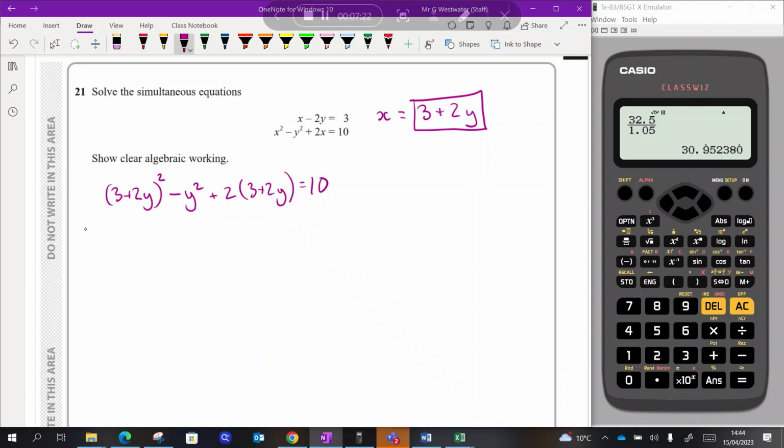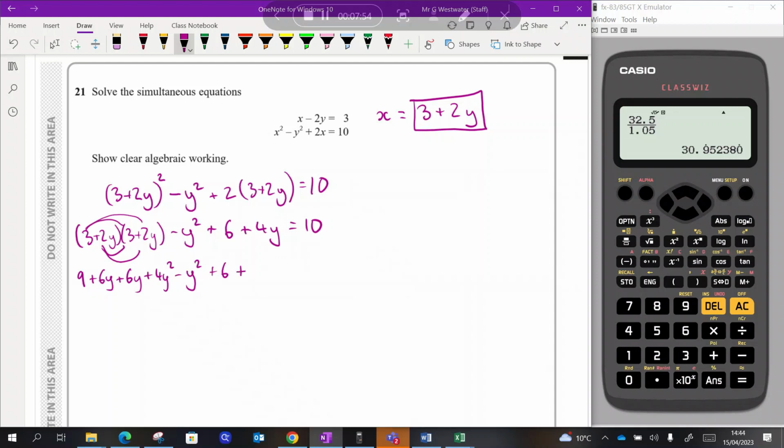So, double brackets for the 3 plus 2y, minus y squared, plus 6 plus 4y equals 10. Now expanding this out, we have 9 plus 6y plus another 6y plus 4y squared minus y squared plus 6 plus 4y.